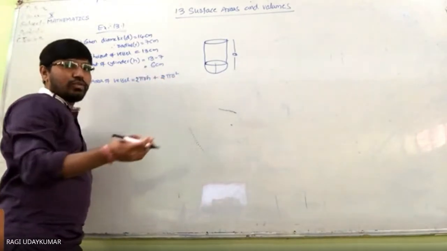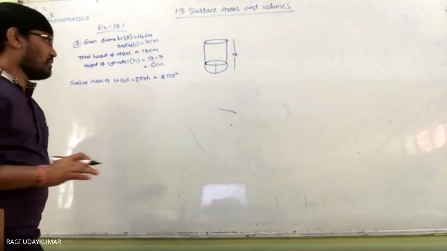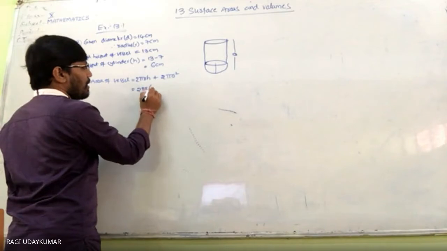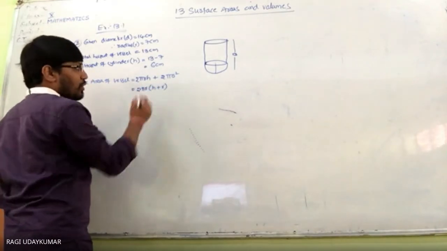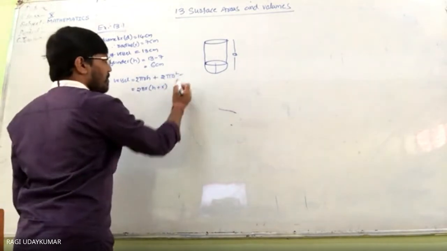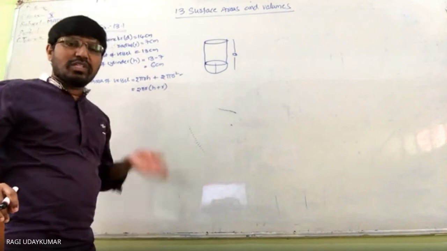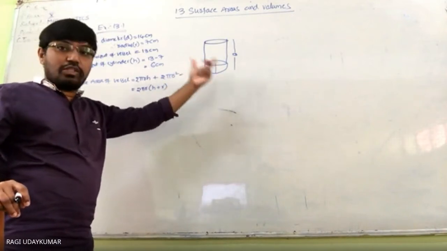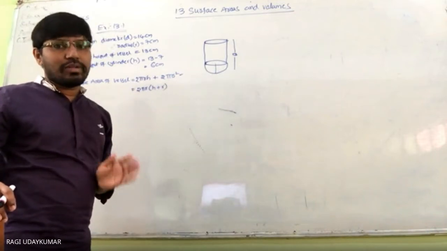In some other situations, r may be different, but in this case, r is similar. So if you want, you can take 2 pi r common. Then you will get h plus r. Actually, this is the formula for the total surface area of the cylinder. In this situation, the inner surface area of the vessel you are going to get is the same.